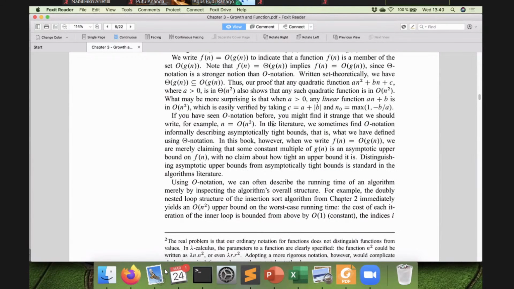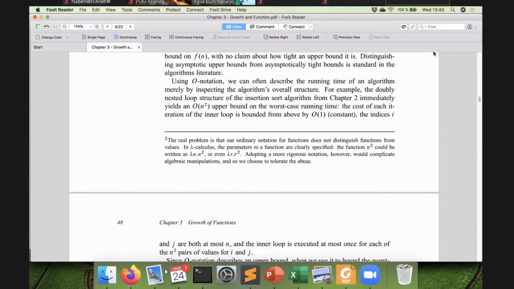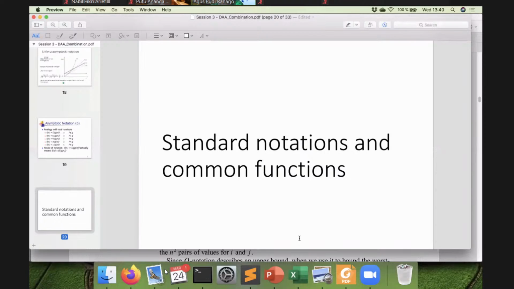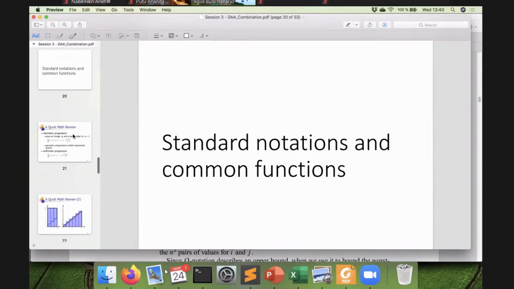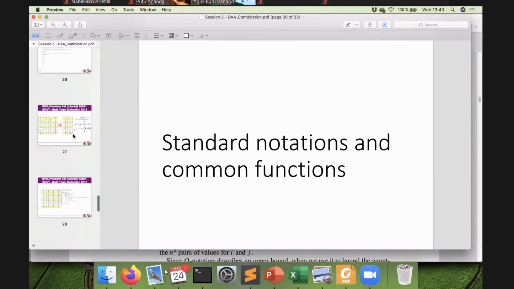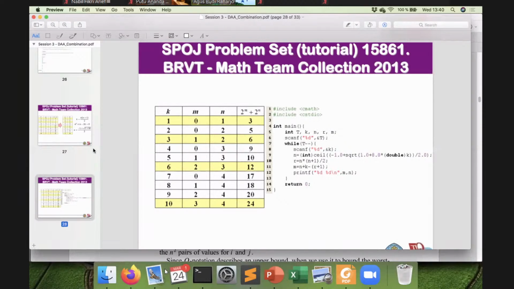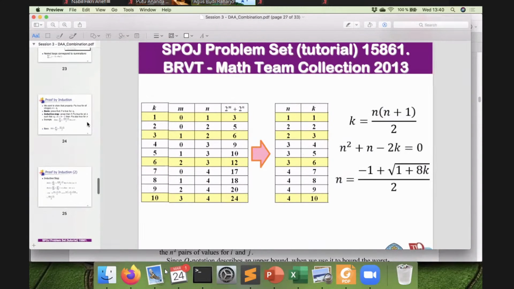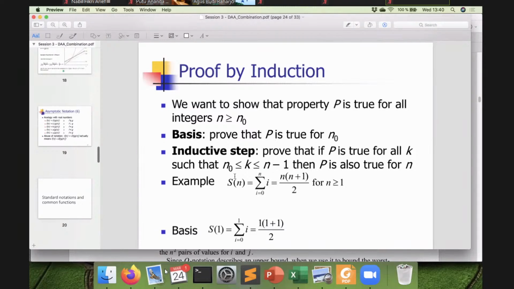Excuse me, sir, may I ask? Please. Will the PowerPoint be shared or not, sir? For this PowerPoint, you have to pay for it. No. I will share it later, but let me check first because in here there is some source code. Maybe I will delete the source code. Okay, sir. Okay, thank you.